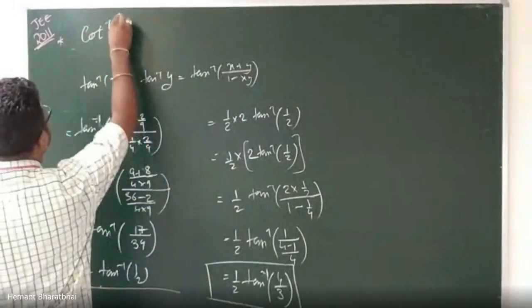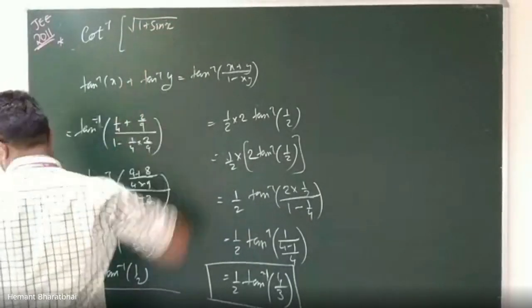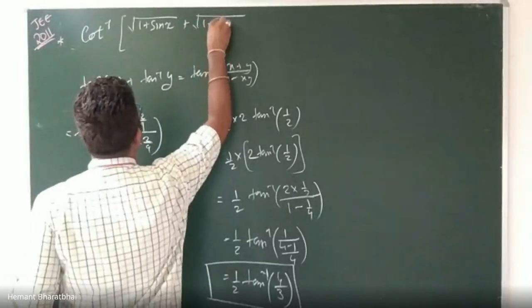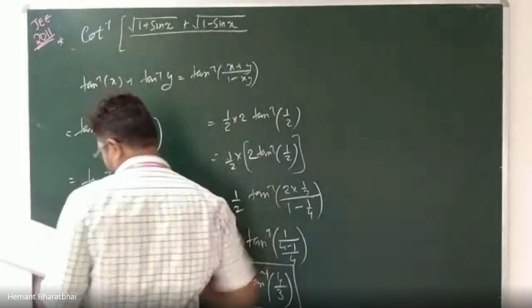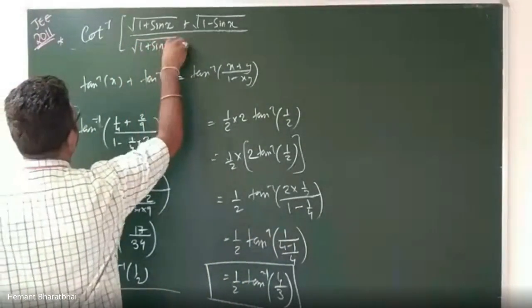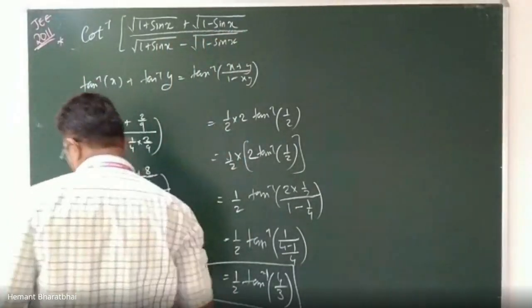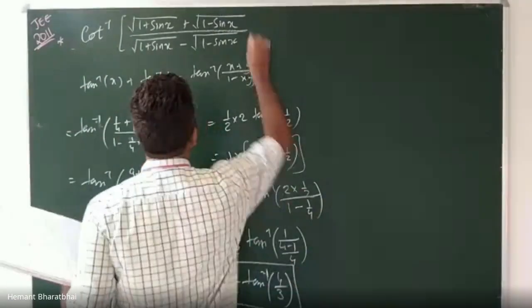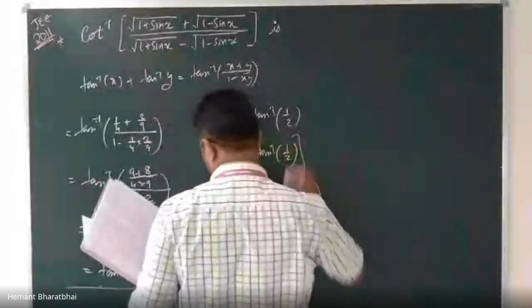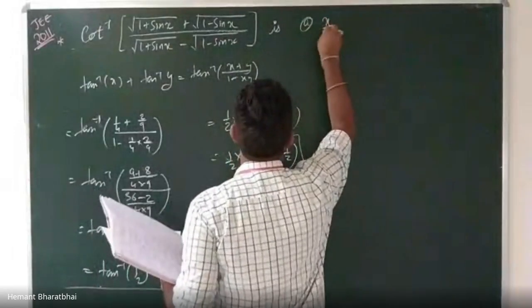cot inverse of (under root of 1 plus sin x, plus root of 1 minus sin x) upon (root of 1 plus sin x minus root of 1 minus sin x) is: option number A, x by 4.